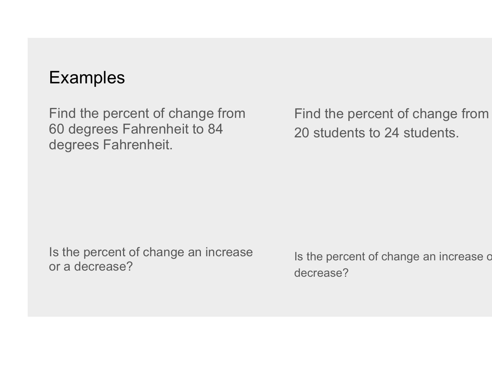It says we want to find the percent of change from 60 degrees Fahrenheit to 84 degrees Fahrenheit. So what are some keywords in there? How do we know where it started and where it ended? From and to. Good. So from 60 to 84. Now, looking at our percent of change formula, what do we want to find?